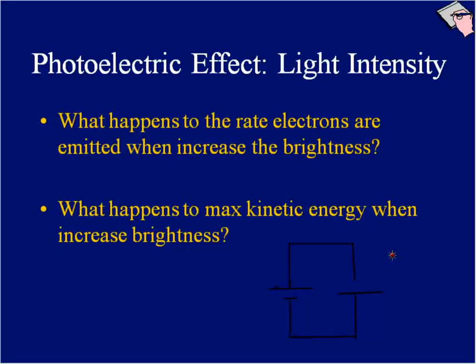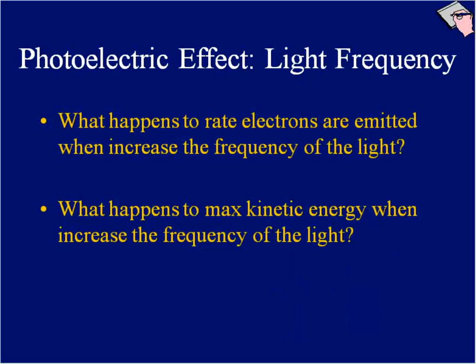So, does increasing brightness affect maximum kinetic energy? That could be another question. If we change the color of light, increasing the frequency, making it blue from red, what happens to the rate at which electrons are emitted, meaning the current? What happens to the emitter reading if you change the color of light from red to blue or whatever?